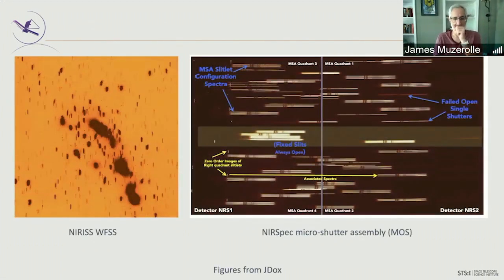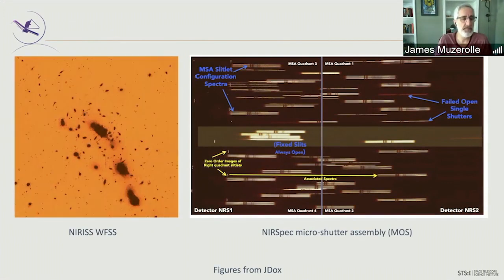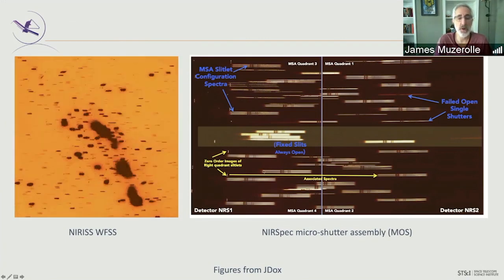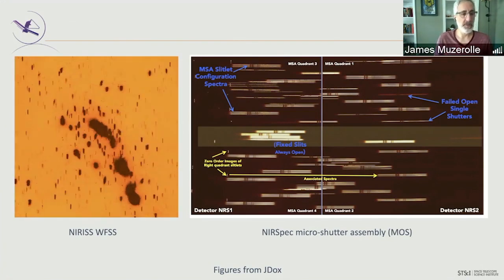And then here's a few examples of what these data look like. On the left is a movie showing the full set of data that you would receive for the NIRISS wide field slitless mode, where the grisms are rotated by 90 degrees to enable disentangling of overlapping spectra.